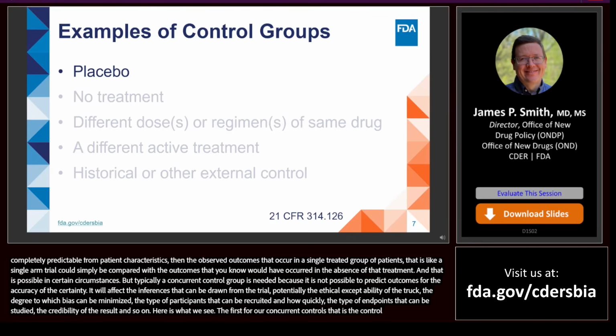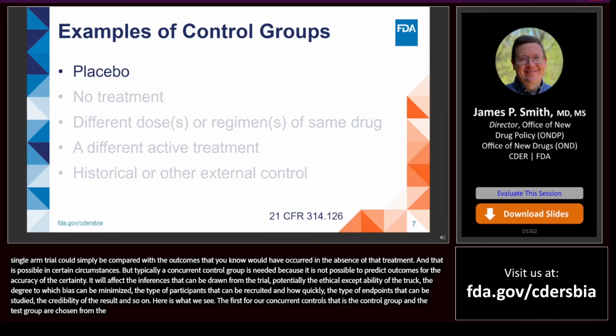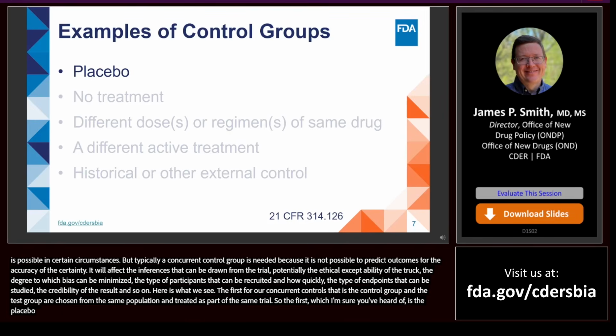And it's very important to recognize, and sometimes this seems to be misunderstood, that the use of a placebo does not imply that the control group is untreated. In many placebo-controlled trials, the new drug and the placebo are each added to a common background therapy or other standard of care regimen.